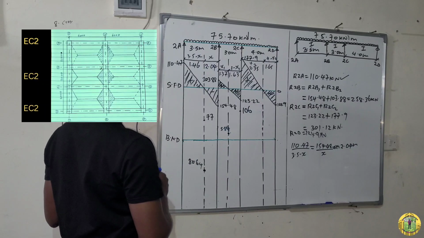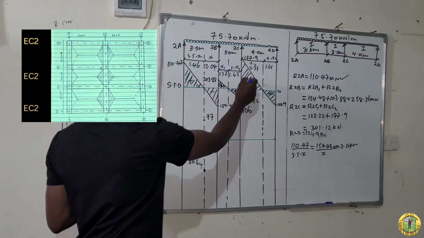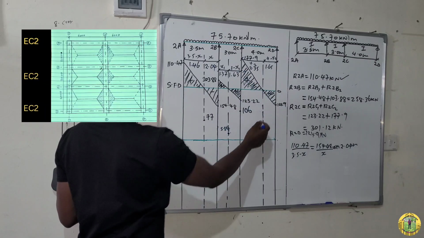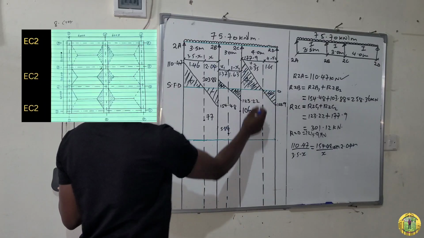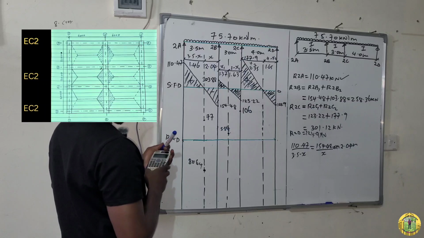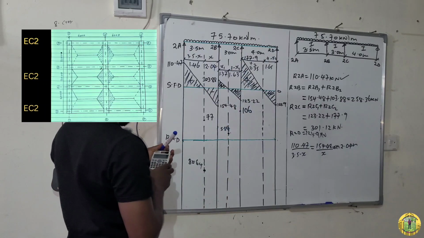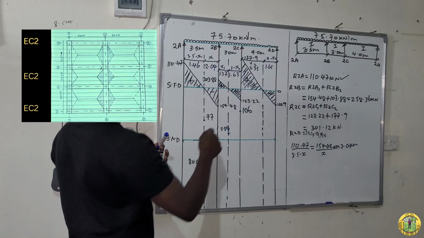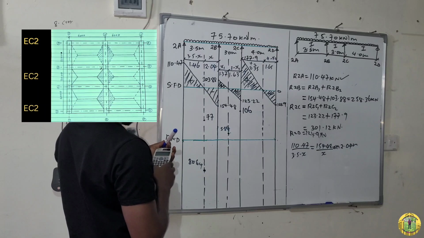And then from there, add this area so that you can have your B.M.D on this line, on this zero shear force. So plus 0.5 times H, which is 177.9, times the base 2.35.